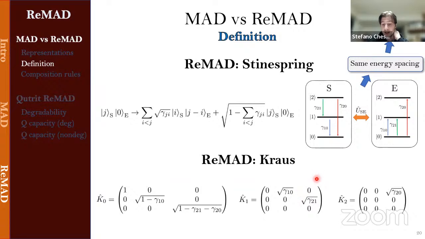And these two processes that have been merged into the same Kraus operator are exactly those that the environment is not able anymore to discriminate.